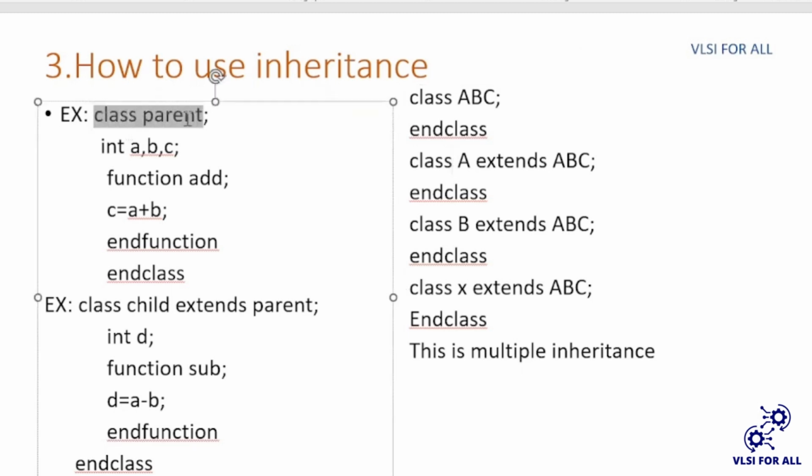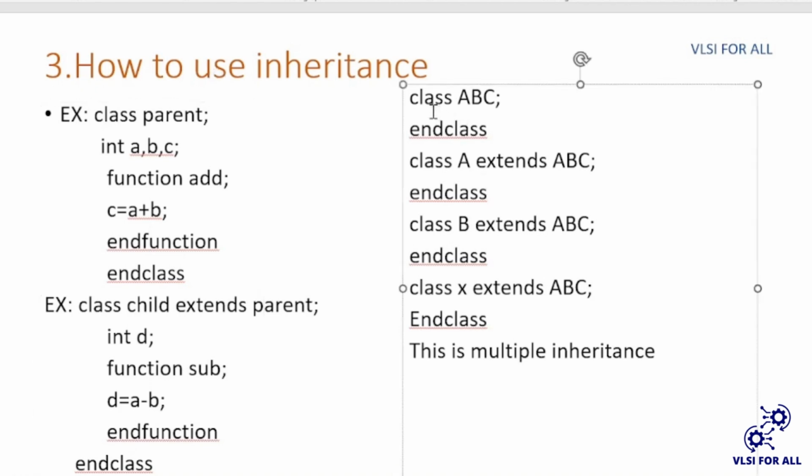Whenever you declare a class and extend one class from that class, this class is called the derived class, and the other will be called the base class or parent class. This will be a child class or derived class. And in OOP, the child can access the parent's properties as well as methods. These things you have to remember, guys.